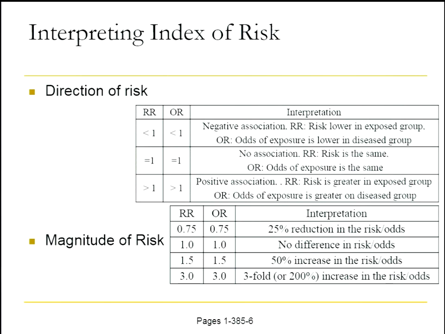Contrast that with a relative risk of 3, which would be a 3-fold increase in the risk associated with that particular situation. All right, so the direction of risk, magnitude of risk, again, highly testable concept. Given an odds ratio or a relative risk, you have to make some conclusions about what that actually means.